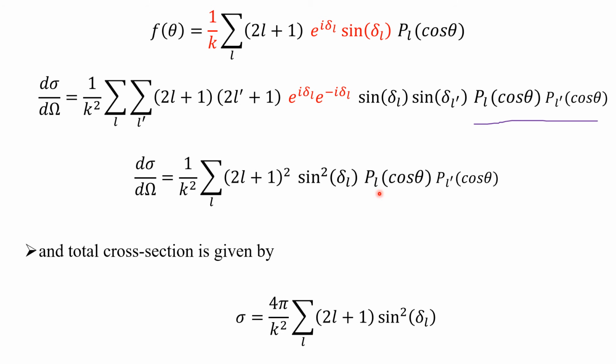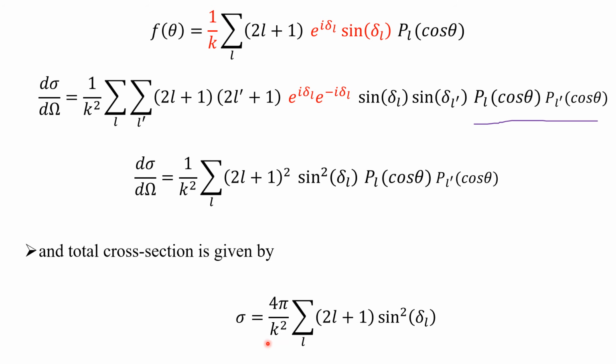Then, if you integrate this, you will get 2 divided by (2l+1) δ_ll'. So (2l+1) will cancel with this (2l+1) squared. This will become (2l+1) sin squared δ_l, and 4π.